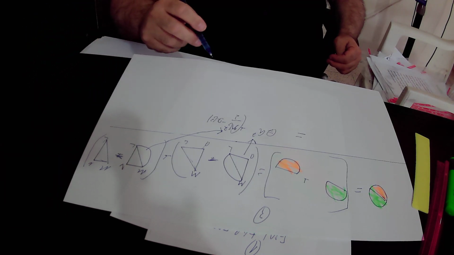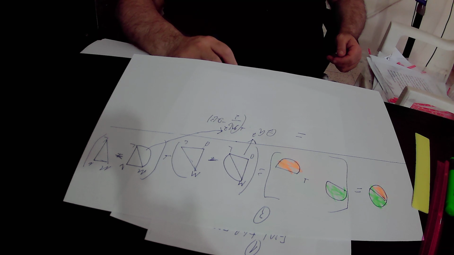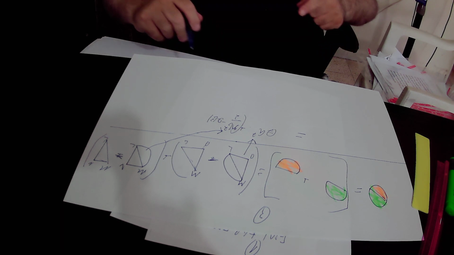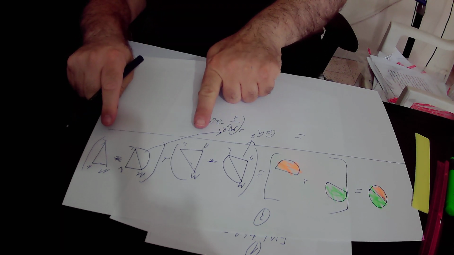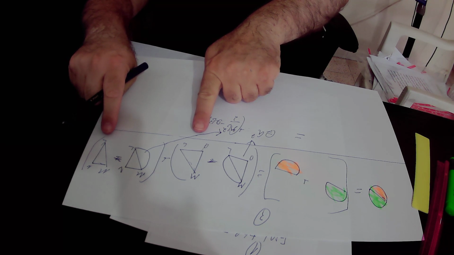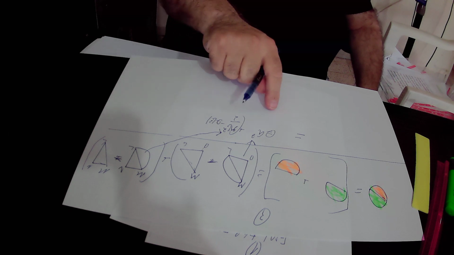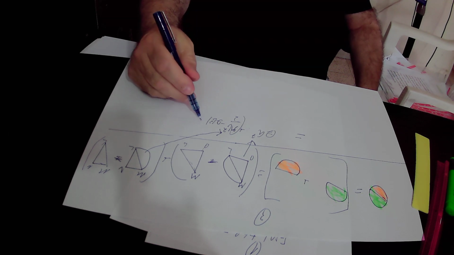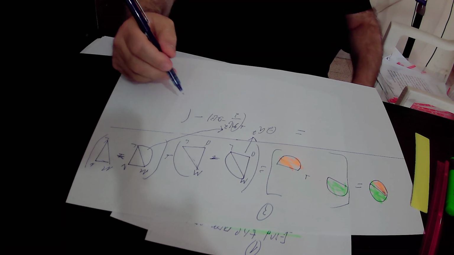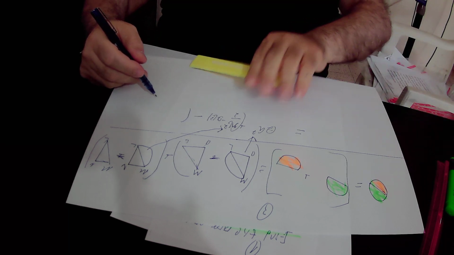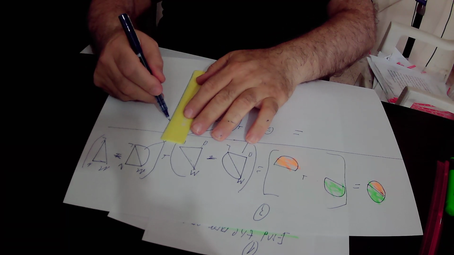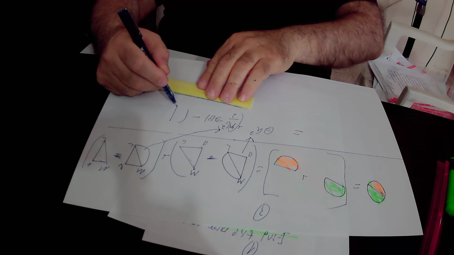Now we have to subtract the sum of the areas of the two triangles from this sum. Here we have to subtract the areas of those two triangles.